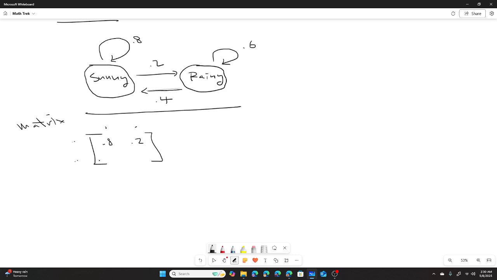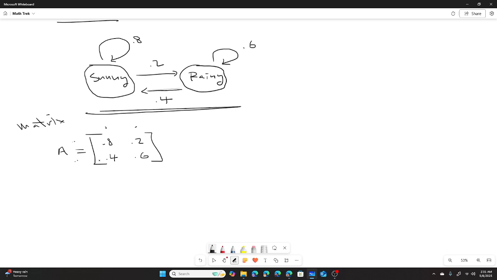If today is rainy, tomorrow is going to be sunny, it's going to be 0.4. And if today is rainy, tomorrow is going to be rainy, it's going to be 0.6. So this would be the matrix. This is the matrix that encapsulates this Markov chain relationship.